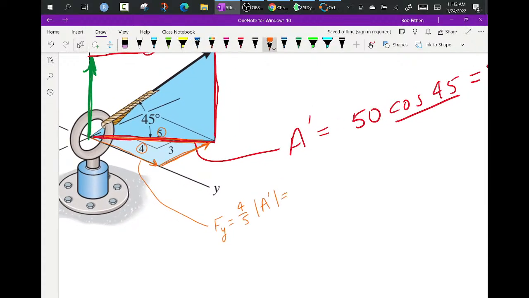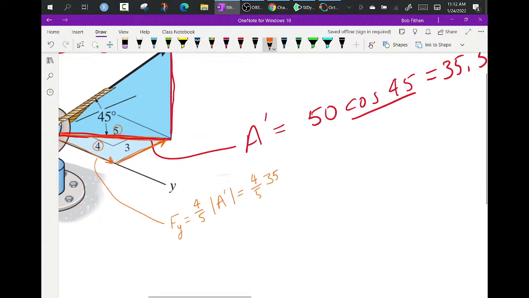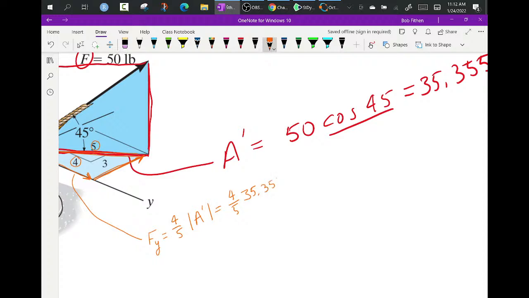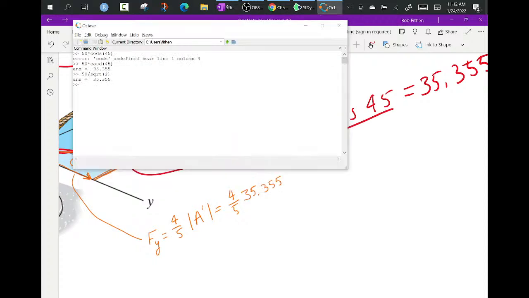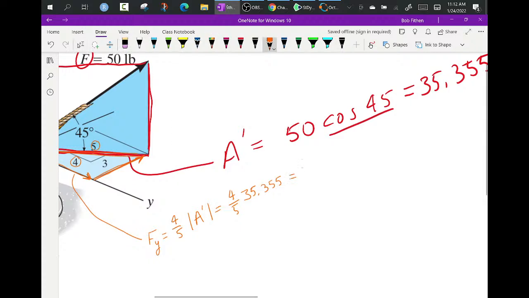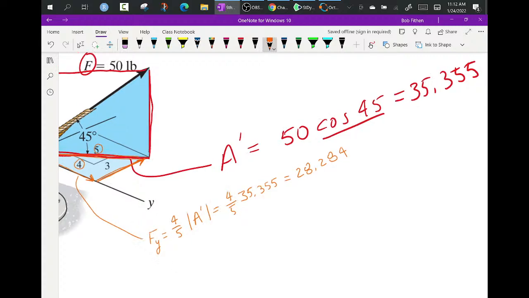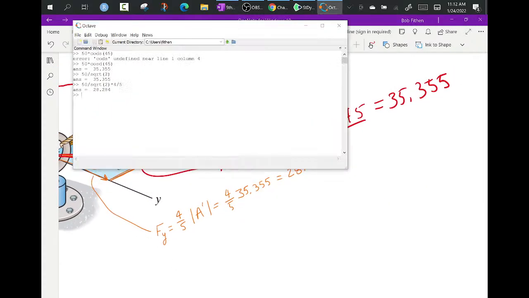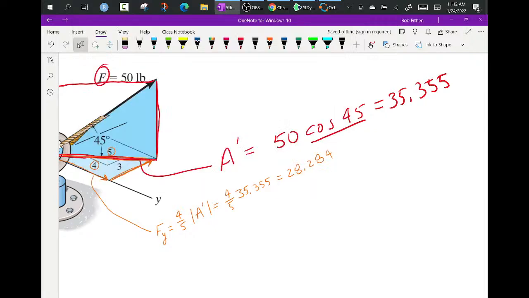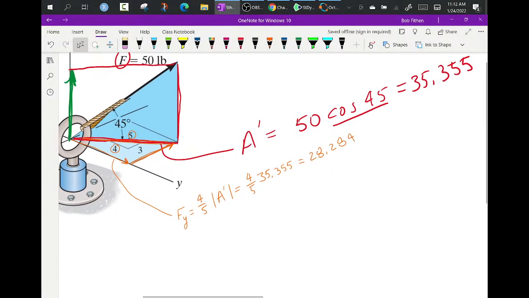So it turns out that's 4/5 of the same 35.355, times 4 divided by 5, which is 28.284, I think. 28.284. That's great. So now that I have it, I should focus on trying to find the other value.